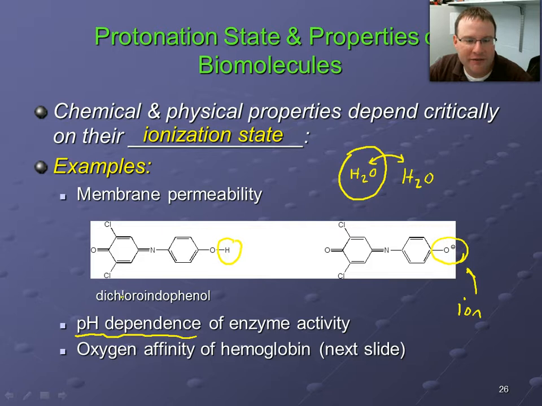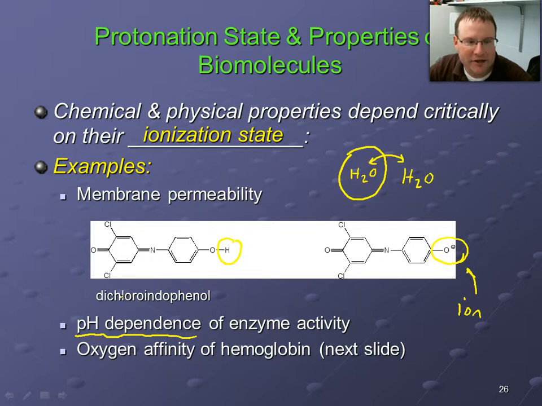And in living systems, as many of you know, if you change the pH of a living system away from home base, which is around 7.2 to 7.4, you can kill that person by changing the pH by more than a half to a full pH unit. The reason for that is when you change ionization states, it will change activities of key enzymes, it will change the folding properties of biological molecules, and basically everything goes to heck in a handbasket.